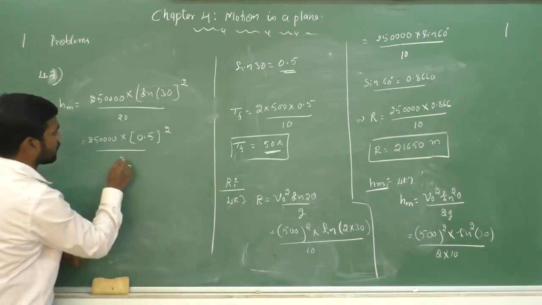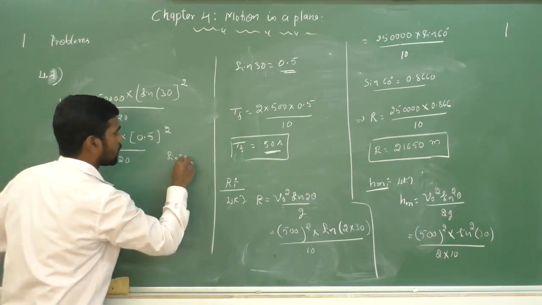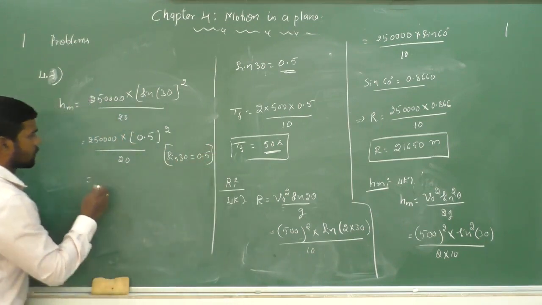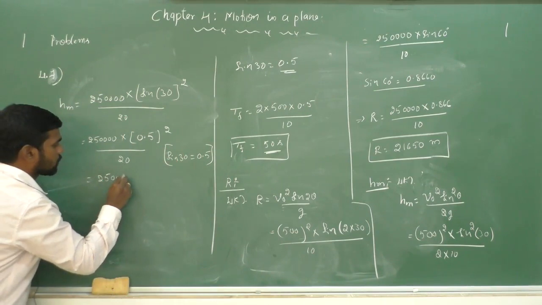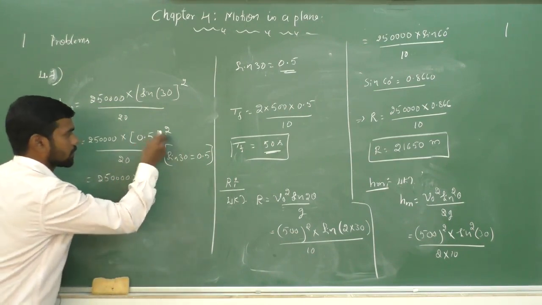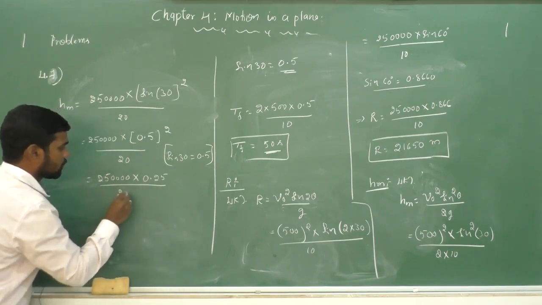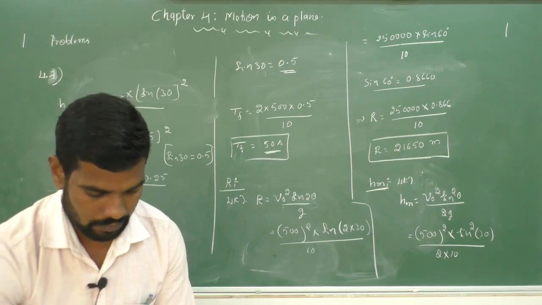Because here I have written the sin 30 value. Substitute here: 250,000 into, this square means 0.25, divided by 20. Just find out the values.